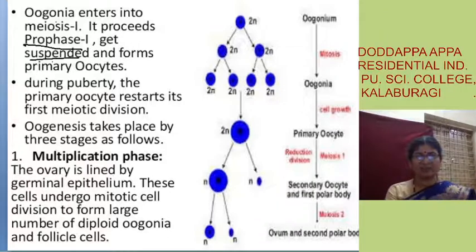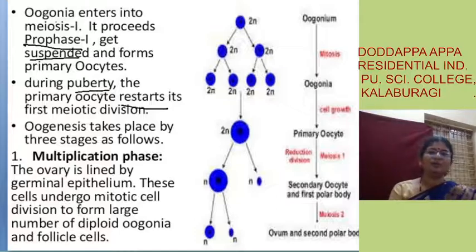It varies from female to female. Fine. Now, during puberty, the primary oocyte restarts. 12 to 14 years, you can see. In some females nowadays, you can see the attainment of menarche at 11 years only. So it will restart the first meiotic cell division.